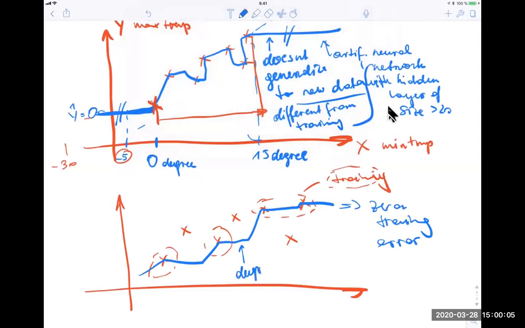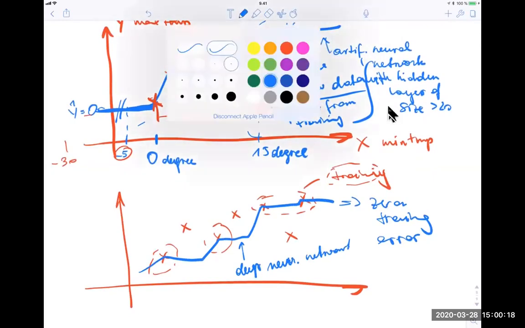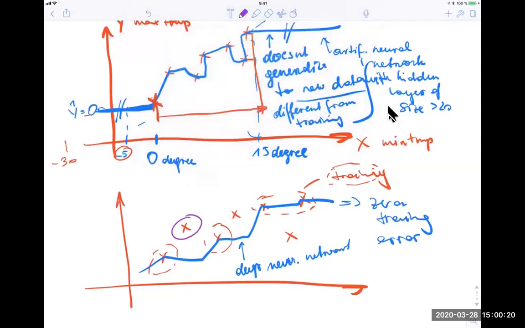A deep neural network, for example. But if we look at the remaining data points, which we call the validation set, so this here is the validation set, for this we will have a large error.